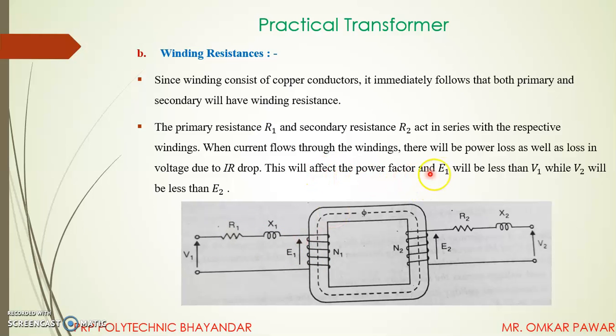So this will affect the power factor, and E1 will be less than V1. Suppose this is a 100 volt supply and there will be the resistance drop. So suppose 20% voltage drop takes place in this R1, so remaining is E1, that is 80 volt. While V2 will be less than E2.